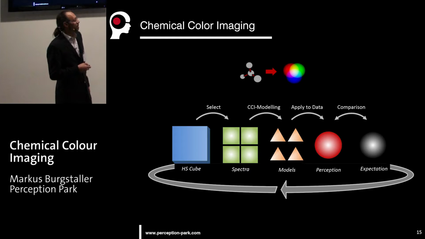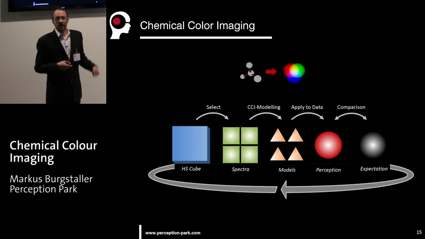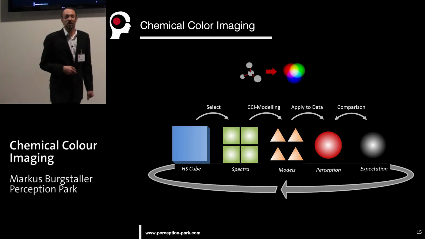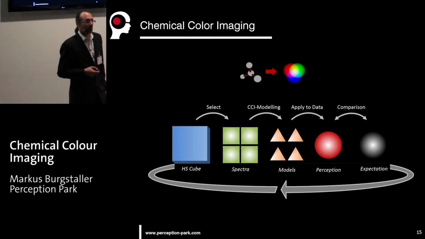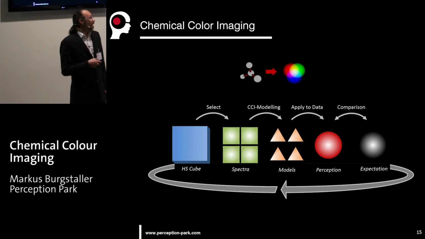The steps in between can be performed with different parameters you can choose, and at the end you get a perception. Perception is a color image that in the best case describes your expectation, but it need not. It can also be that the reachable perception cannot follow your expectations because your expectations are wrong, for example, and cannot be fulfilled.